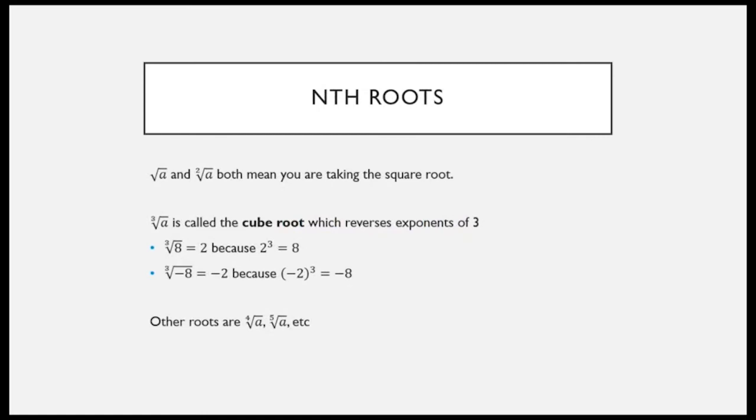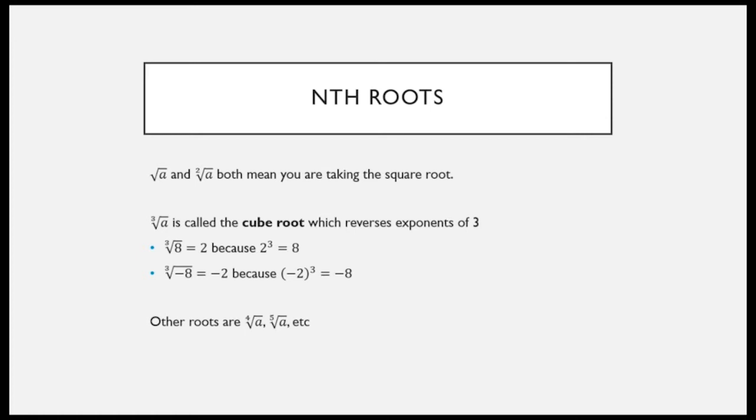Okay, so nth roots, this is what we're going to be focusing on here. As I said, the normal radical symbol without a 2 means a square root, and you can also see it with the 2. Those both mean the same thing. So we can have different values for n. If you see it with a 3, we call that the cubed root because you're undoing cubing. So the cubed root of 8 gives you 2 because 2 to the third power, 2 cubed, gives you 8.